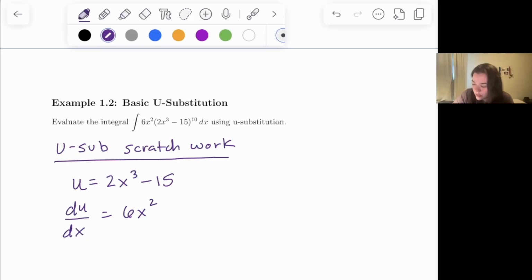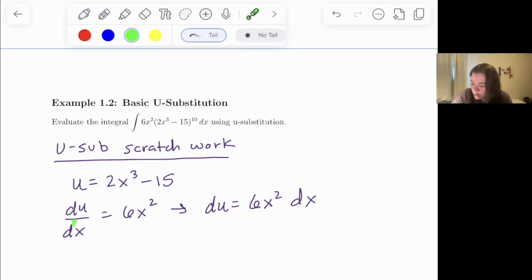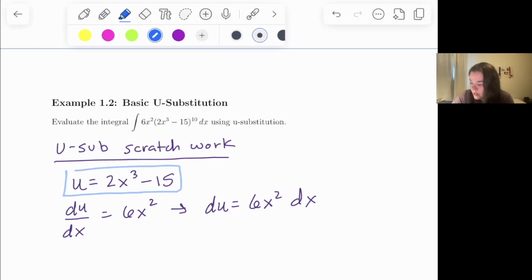So again, there's that extra cleanup step where your teacher will probably start automatically moving the dx to the other side. All we did was multiply that dx over to the other side. So what we have found is we have a u and we have a du here.